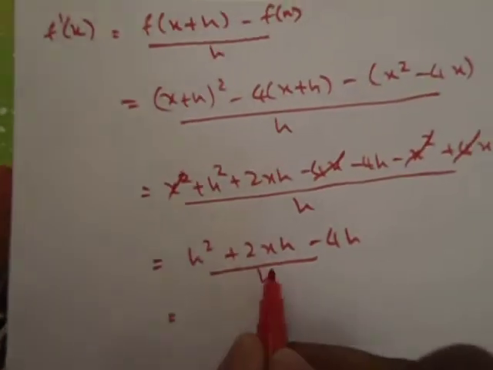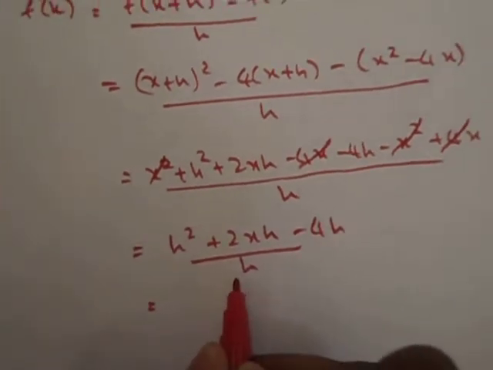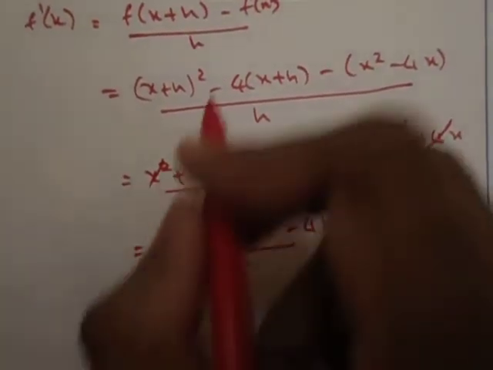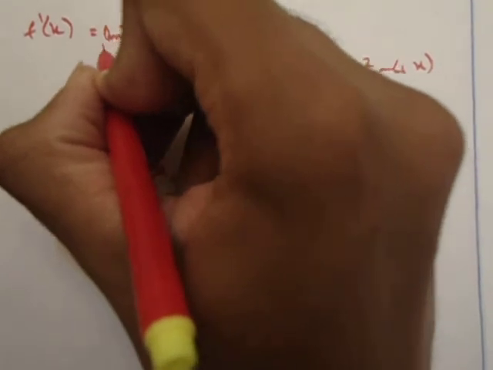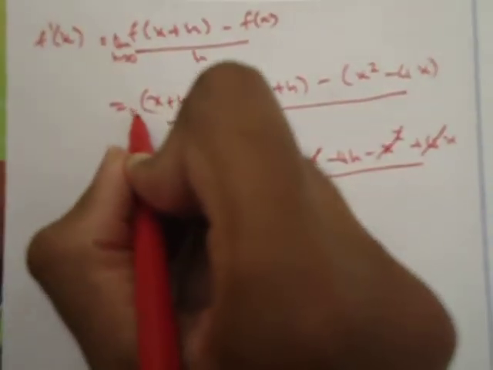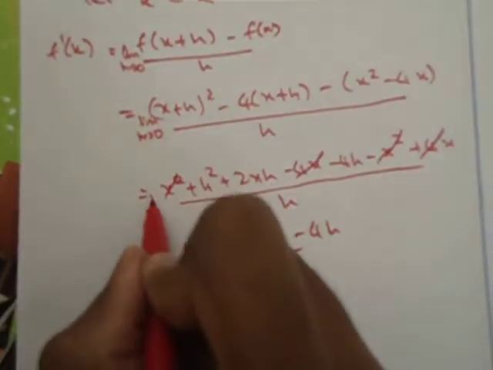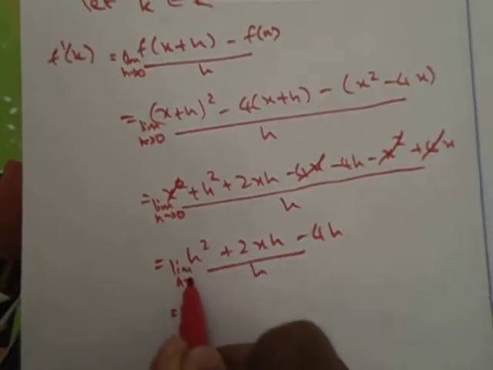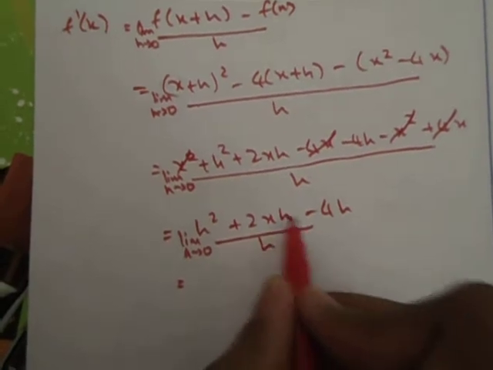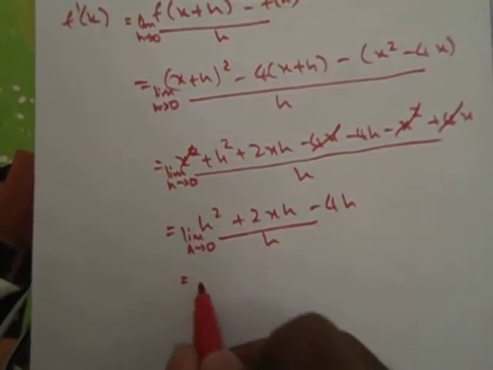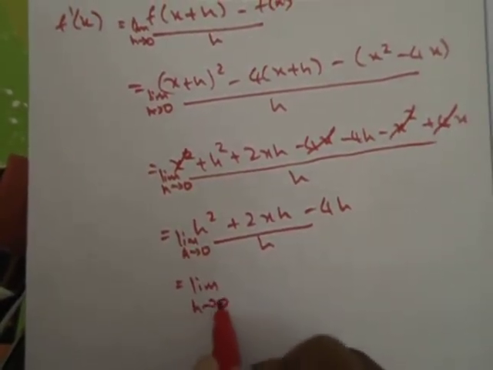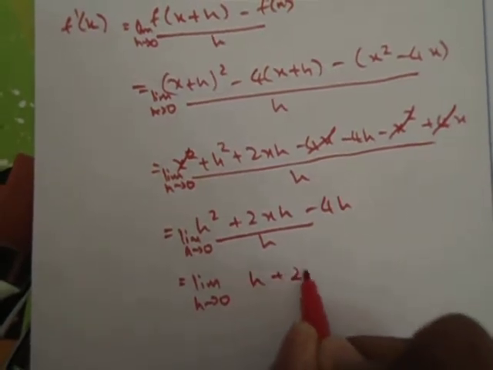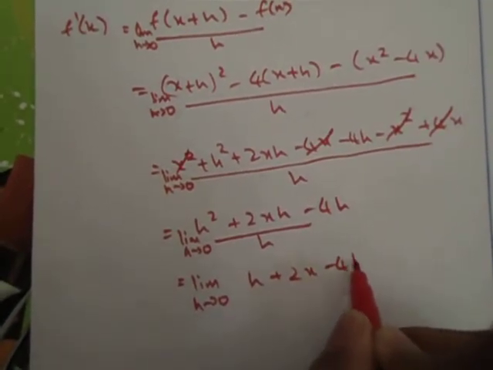This is equal to, let's divide by h. Oh, I forgot the limit here. Limit h tends to 0. So let's divide the h throughout. We get limit h tends to 0, h plus 2x minus 4.